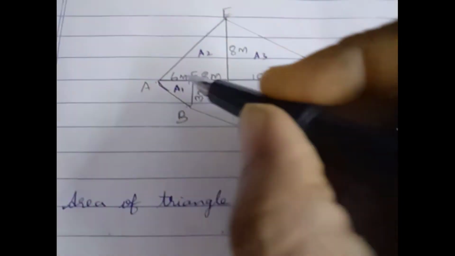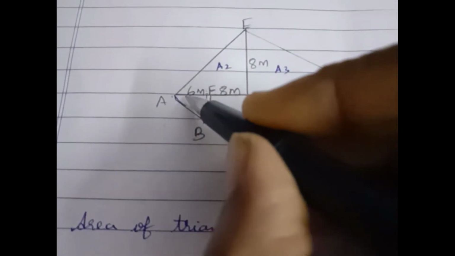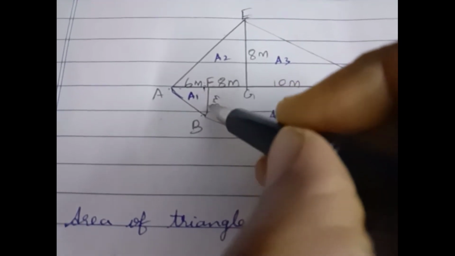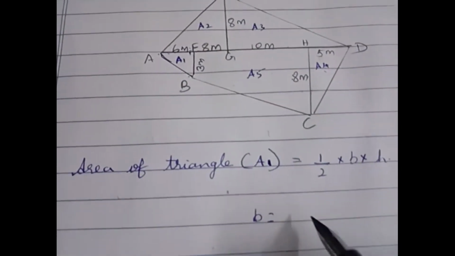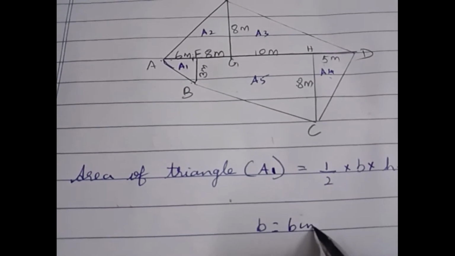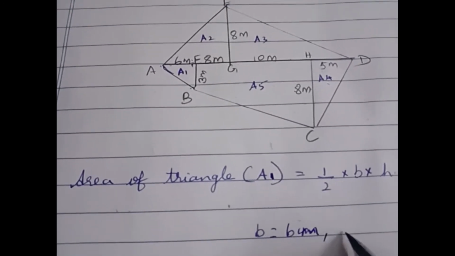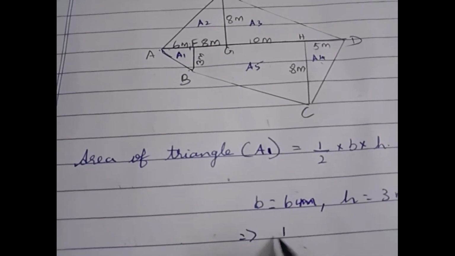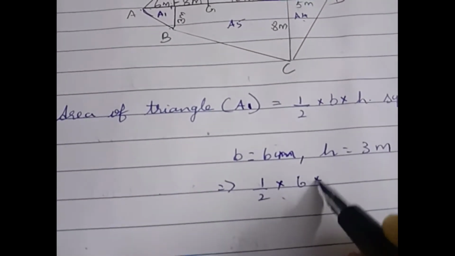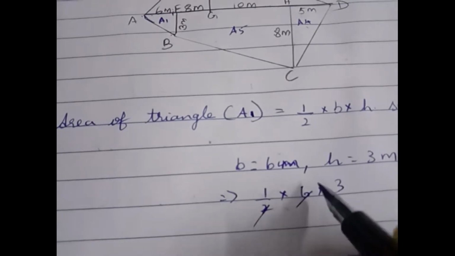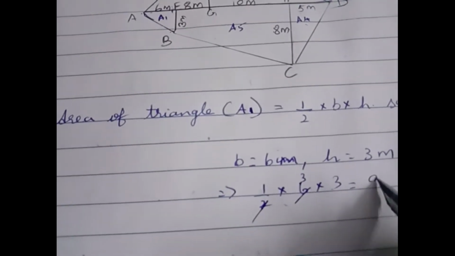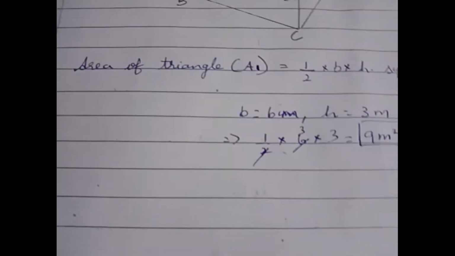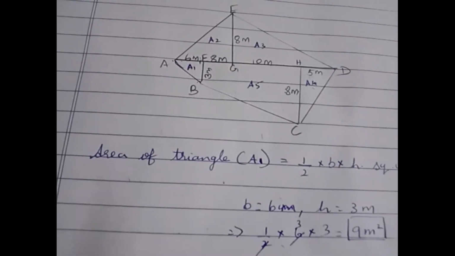Here if you take your base as 6 meter and height is 3 meter. Therefore, base is equal to 6 meter and height is equal to 3 meter. 1 by 2 into 6 into 3. 2 3s are 3 into 3 is 9 meter square. Put the answer in the box.